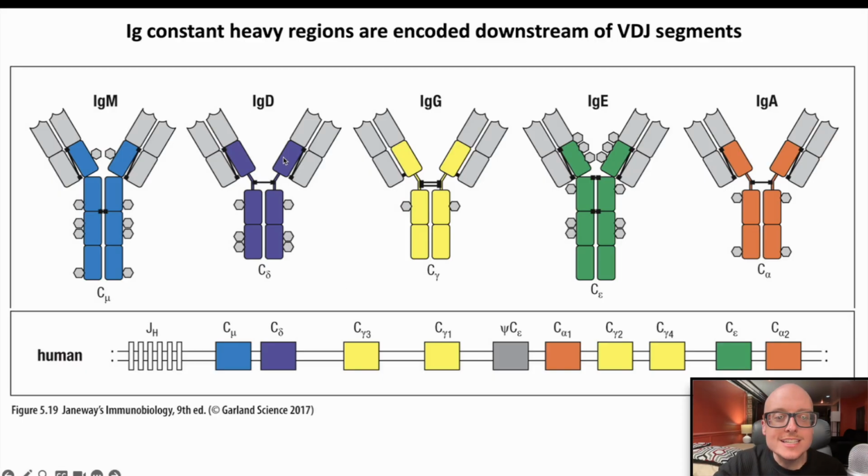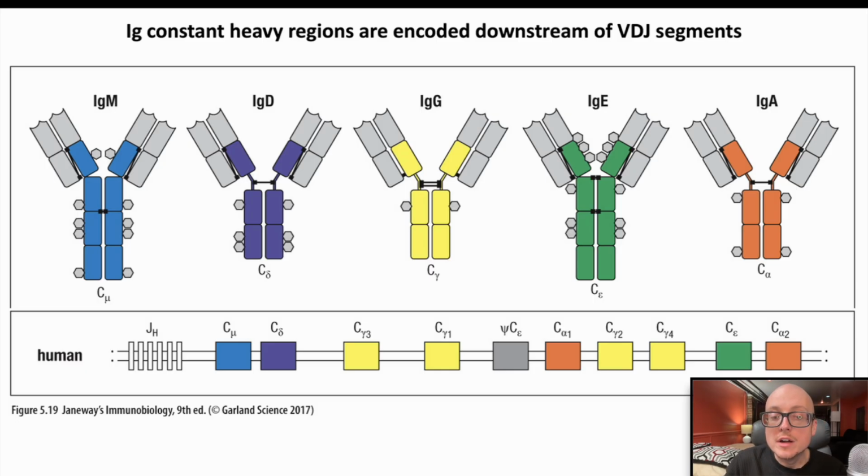But all of these additional segments, which make up the C-terminal end of the immunoglobulin, which are here colored with these different colors in this figure, are going to be encoded by other segments, which are not recombined in the sense that VDJ segments are recombined.